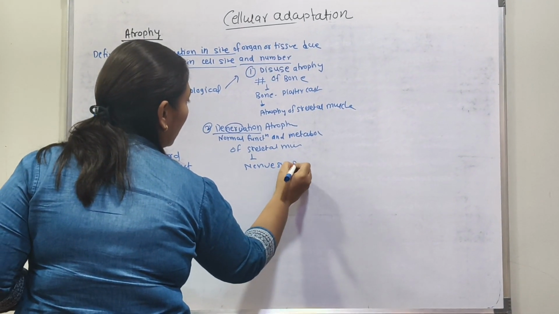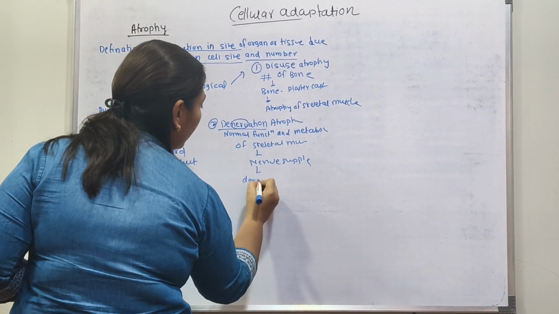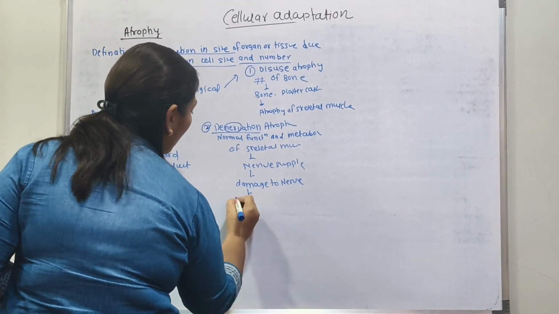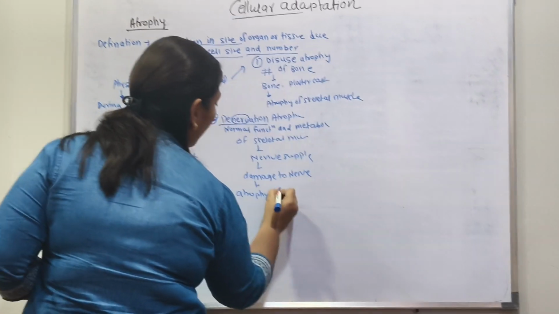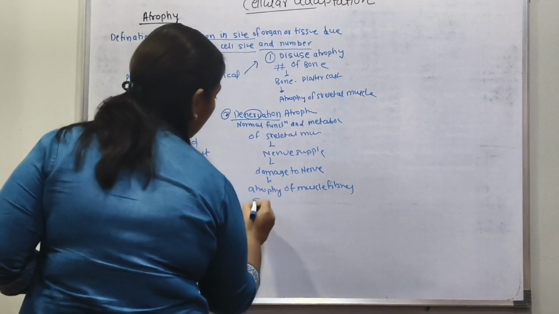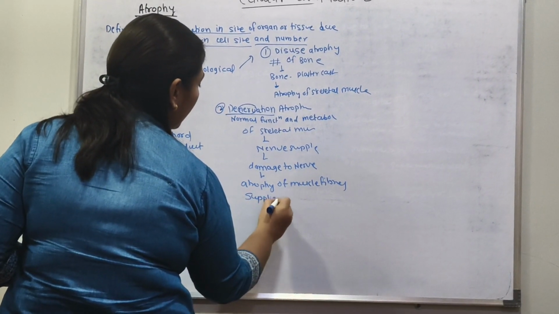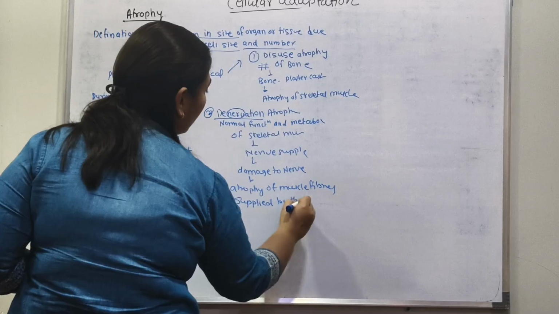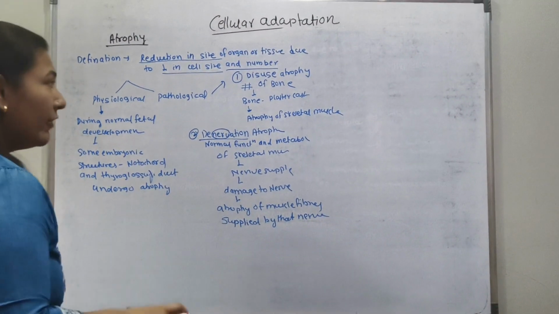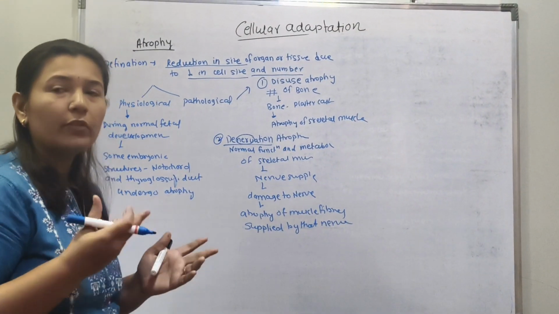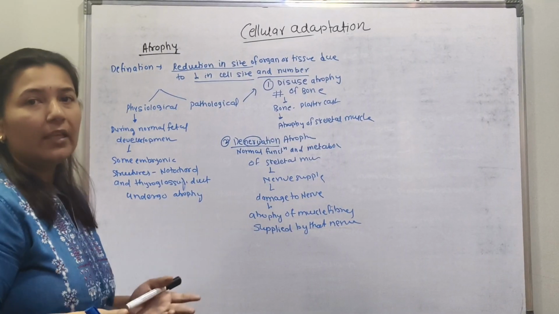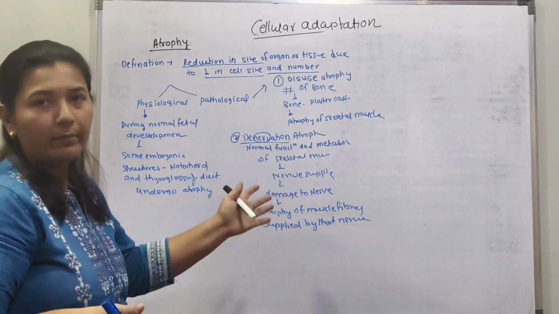But whenever there is damage to the nerve, there is atrophy of the muscle fibers supplied by that nerve. This is the second cause of pathological atrophy, the denervation atrophy.